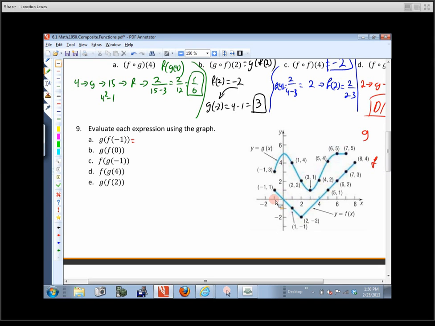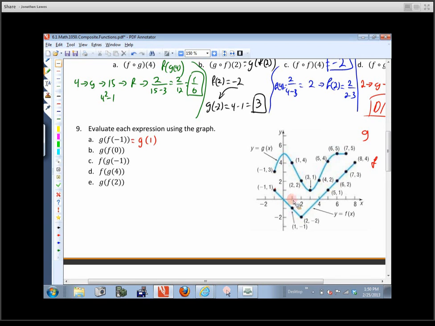So what function value do I want? Do I want the 3 or the 1? I want the 1. Okay, now listen carefully. Once I figure out the function value here, what I'm doing now is I'm figuring out, well, what is g of 1? Okay, watch. My old y value becomes my new x value. So I'm going to go to 1.